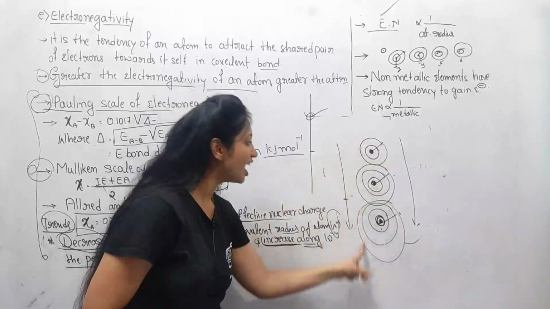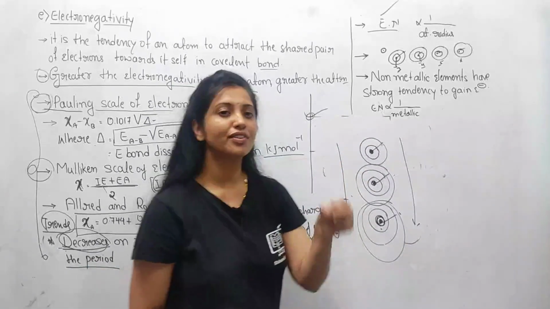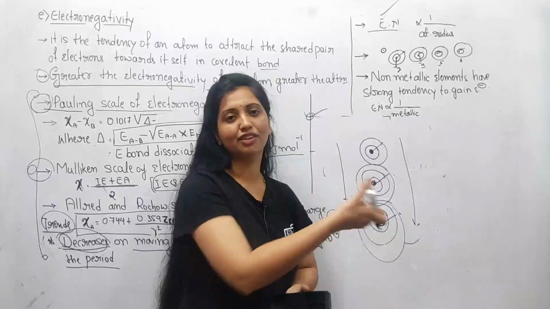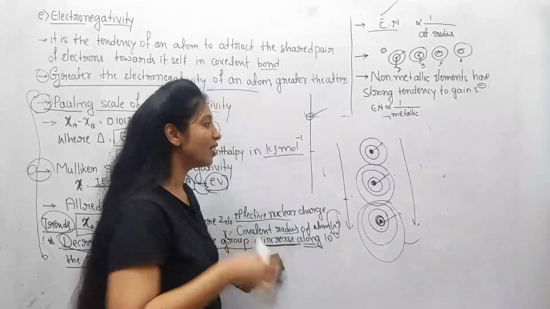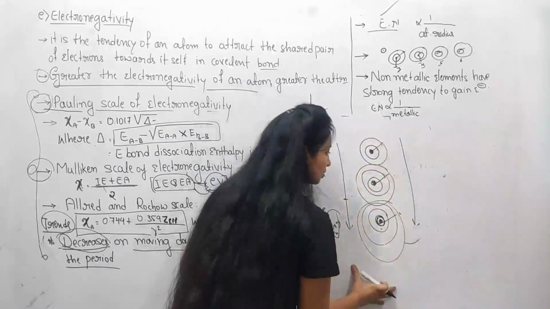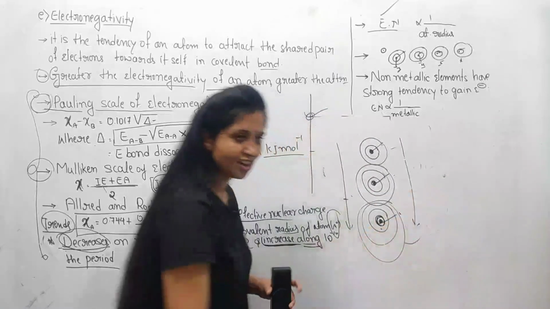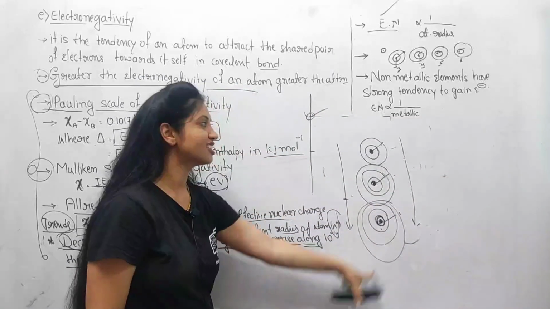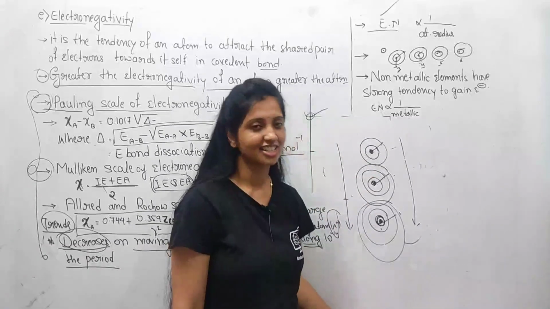So there is a weak tendency of attraction of the shared pair of electrons towards itself. So as we move down the group, the atomic radius increases and the nuclear charge effect decreases.